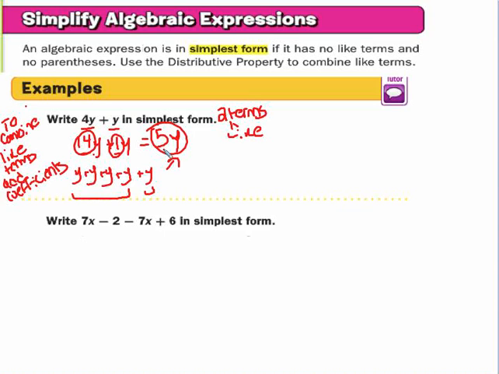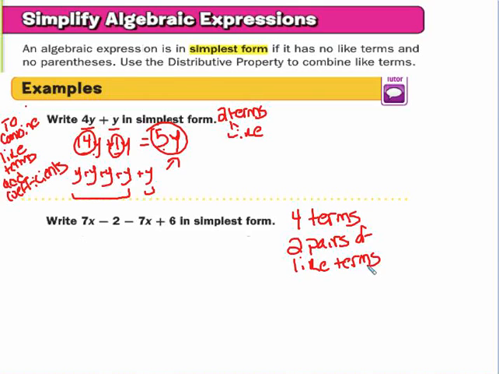Okay, so let's take a look at another one. Write 7x minus 2 minus 7x plus 6 in simplest form. So I know here that I have 4 terms, and I know that I have 2 pairs of like terms.